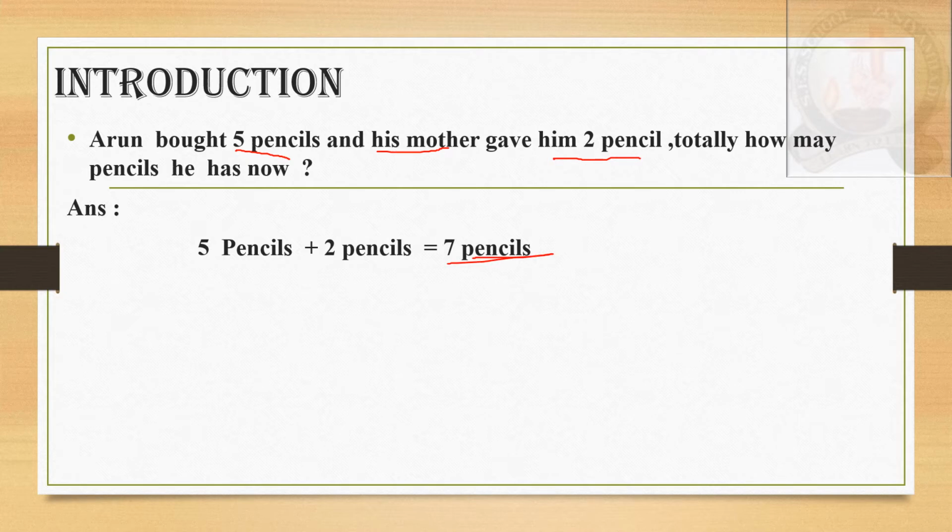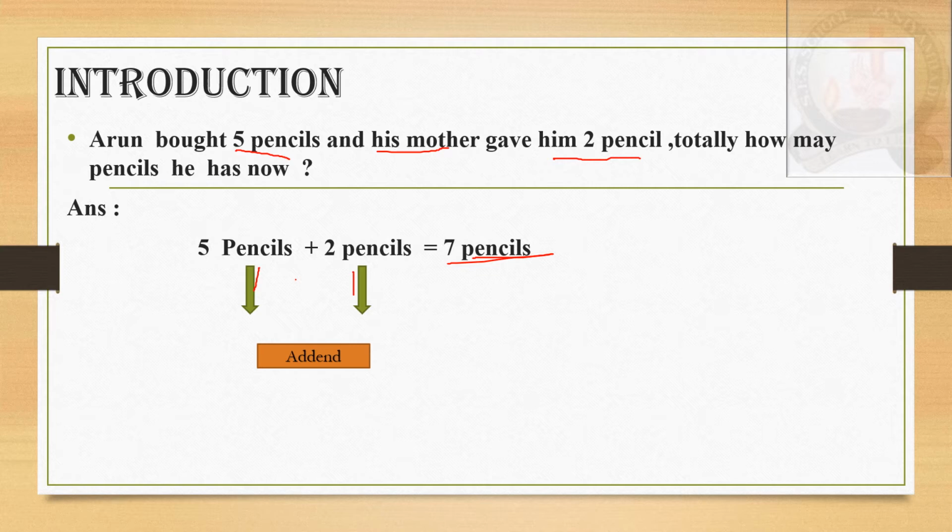Now, what we are adding here is 5 and 2. The 5 and 2 are called the addends, because these are the numbers we have to add.